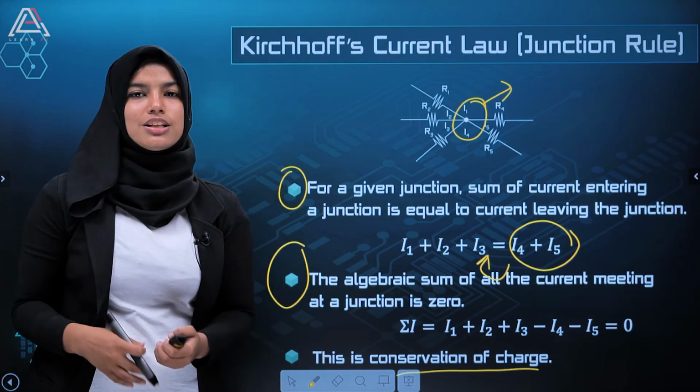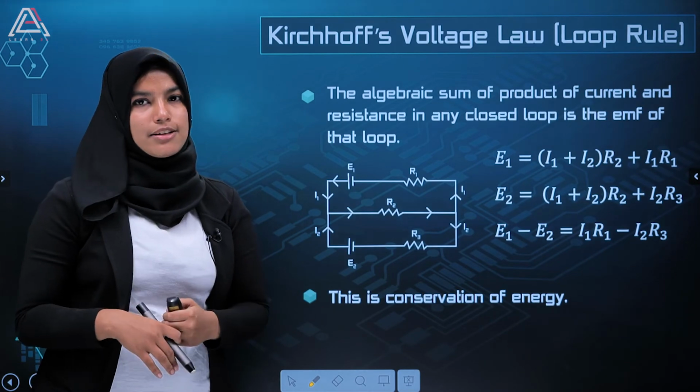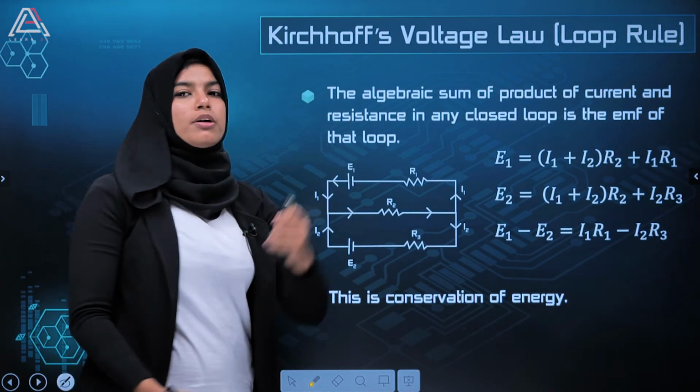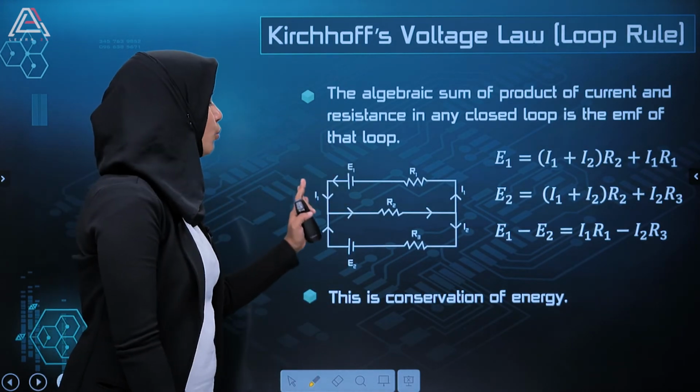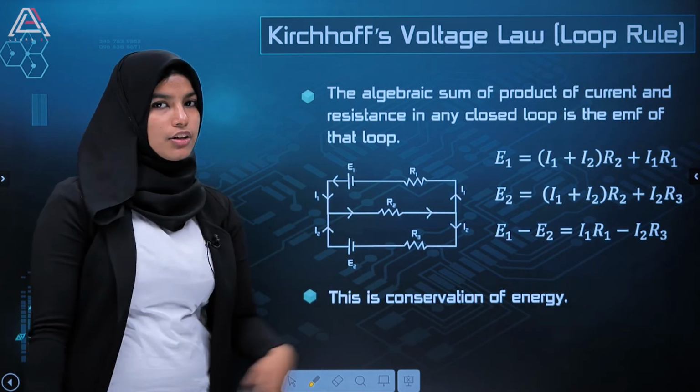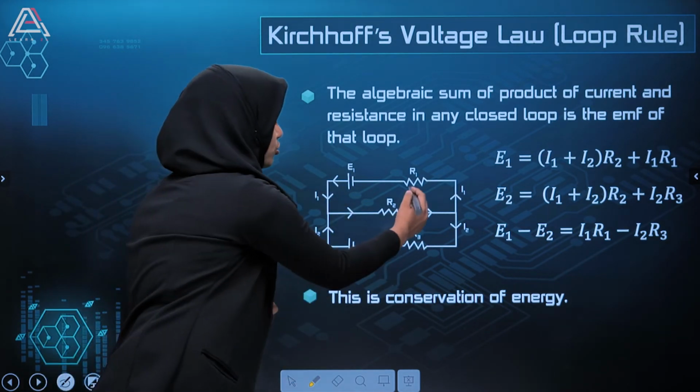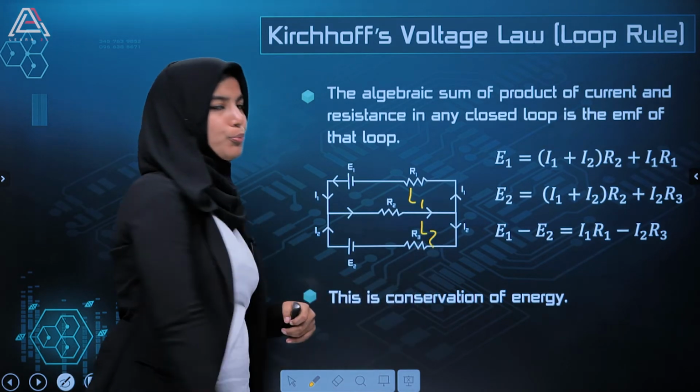Now the second law is Kirchhoff's voltage law, or we call it the loop rule. For that, we are going to consider a circuit. It has two loops, L1 and L2.